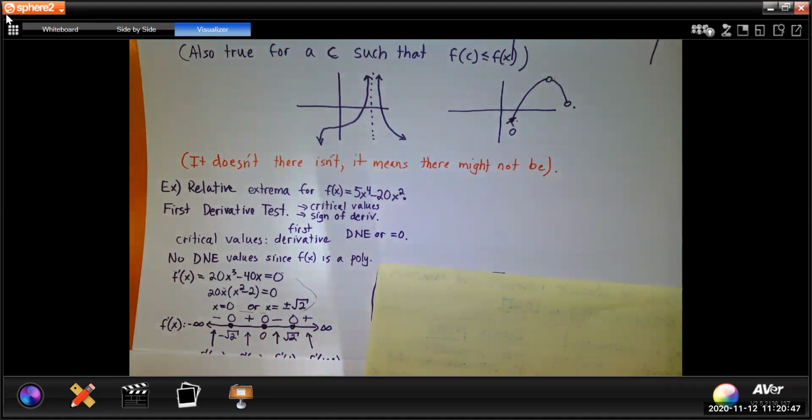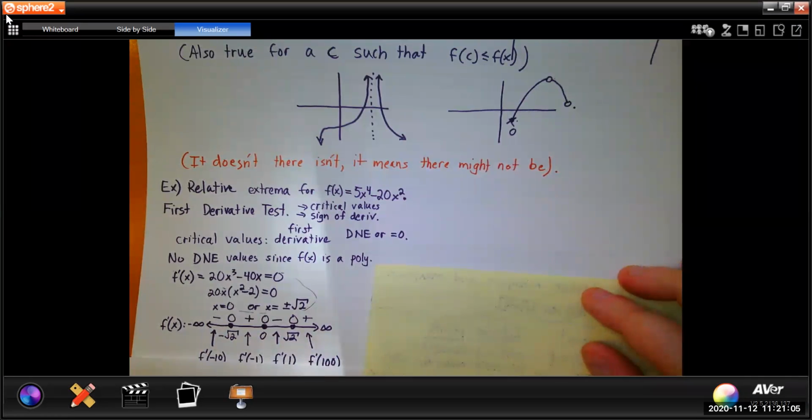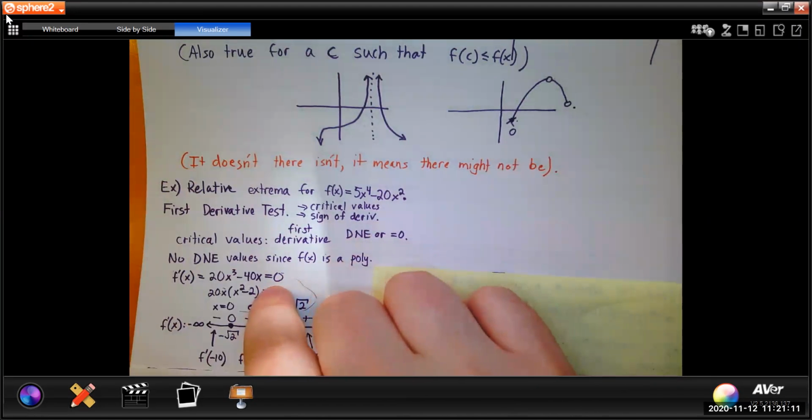So what I want to know is, for each of those 4 intervals, if the derivative is positive or negative. I could look at the graph of 20x cubed minus 40x real quick and get the same thing. You could also choose some representative values on each interval, substitute them in here, and just think about the sign.